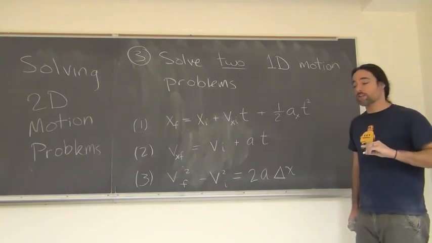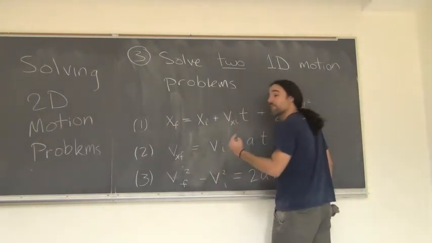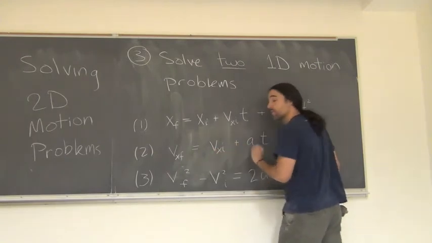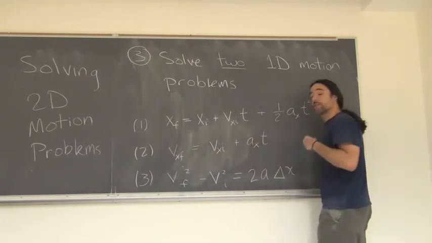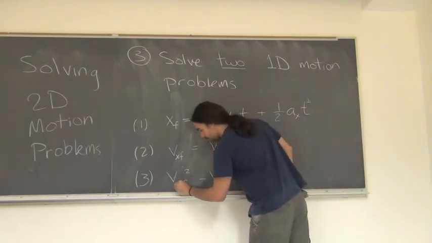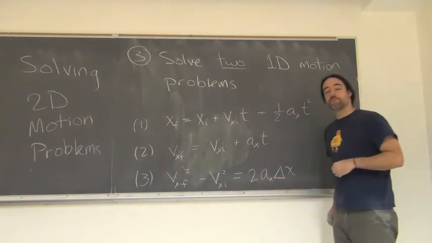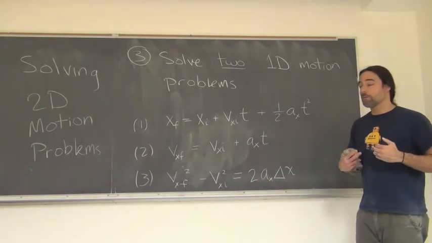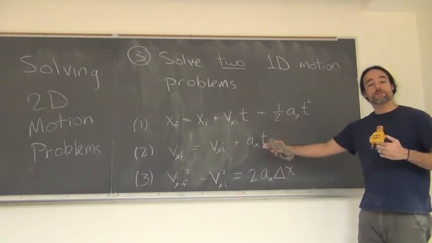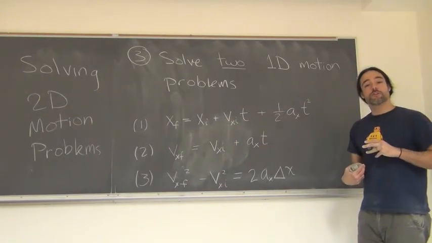We write down only the x component for this equation. And if I'm dealing with the x component of the final velocity, I've got to deal with the x component of the initial velocity and the x component of the acceleration. So all of these equations are dealing just with the x component. I'm treating this as a one-dimensional problem in the x direction. That gives me three equations to solve.